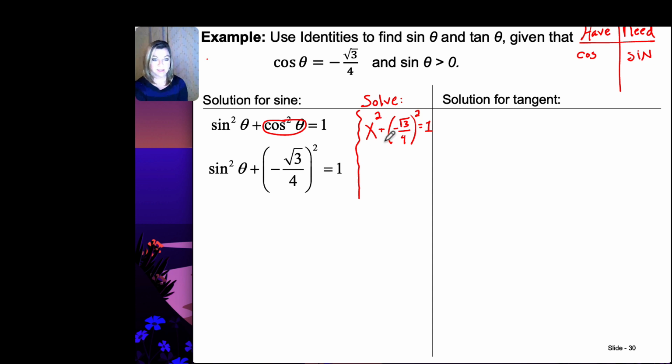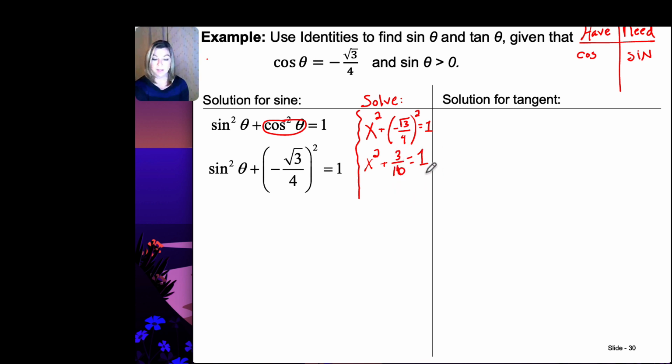So let's see, to isolate X, I want to do this squaring first and then I'm going to move it to the other side of the equal sign. So I would have my X squared plus, negative times negative is positive, radical 3 times radical 3 is 3, 4 times 4 is 16. That equals 1. Next thing we would do in our algebra class to isolate x would be to subtract the 3/16 from both sides of the equal sign.